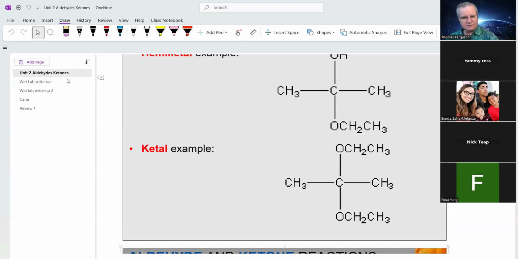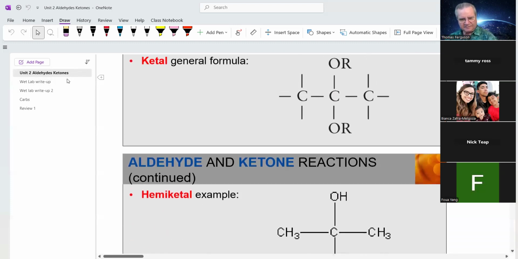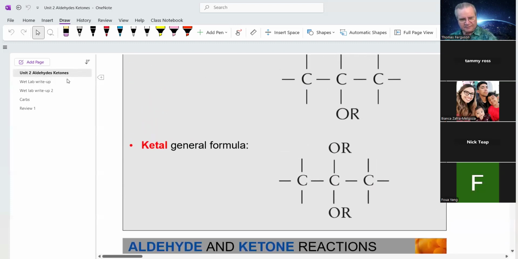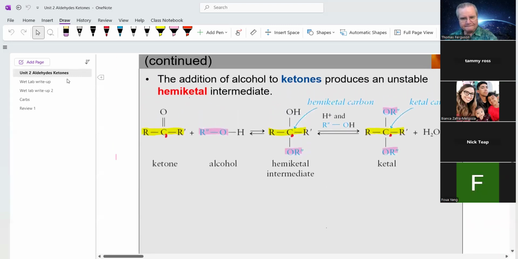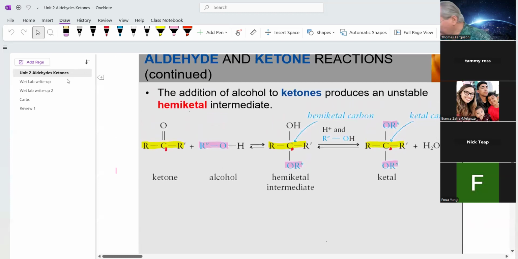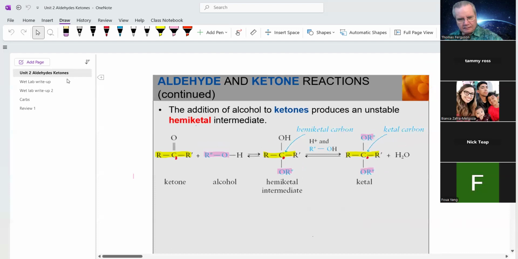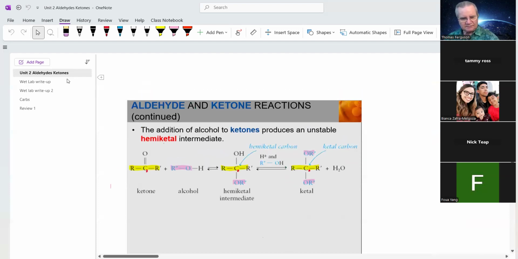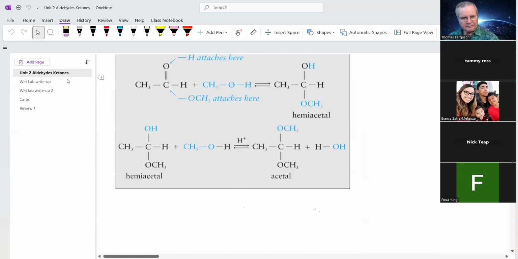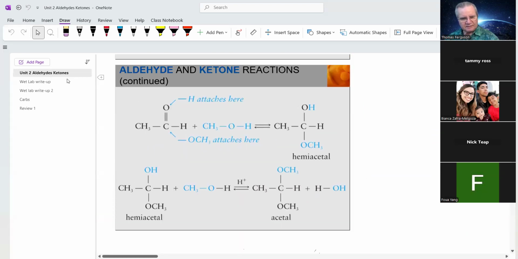aldehydes and ketones. Let's finish this up today and then get into carbohydrates a little bit. Now, I want to do a quick review on these acetals and ketals again. This is the trickiest part of this aldehydes and ketones chapter.